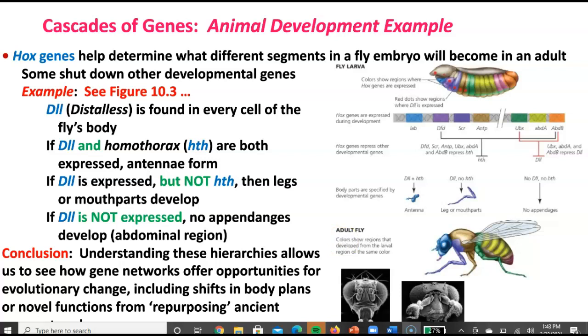Because indeed, those are the patterns that we see as we delve into the evolution of complex adaptations and using the genetic tools that we now have at our fingertips. We understand that these hierarchies allow us to see how these gene networks can be modified through mutation to give rise to new types of animals with new types of adaptations.